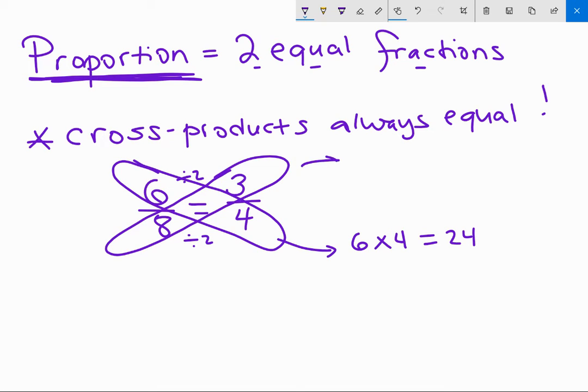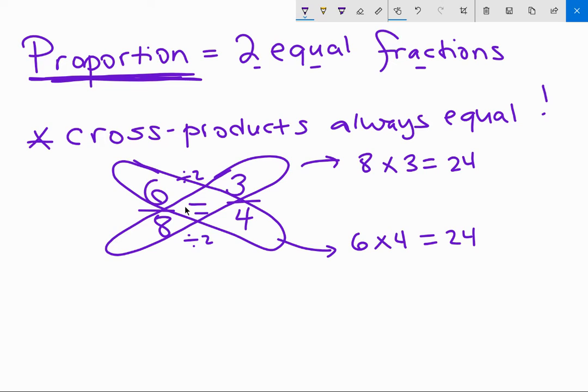And if I multiply the other two numbers in the other butterfly wings, the 8 and the 3, I get 24 as well. Okay, that always works. When you have two equal fractions, when you have a proportion, the two sets of cross products in the butterfly wings will always give you the same answer.